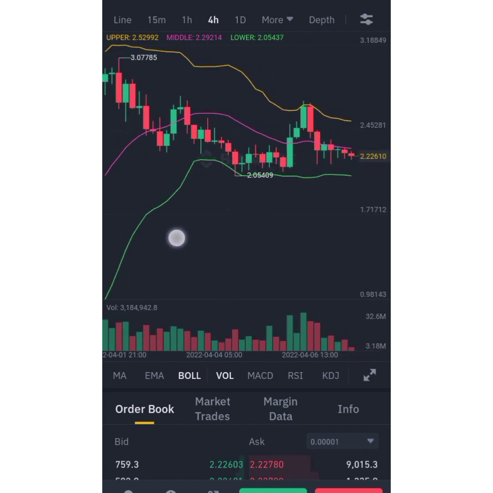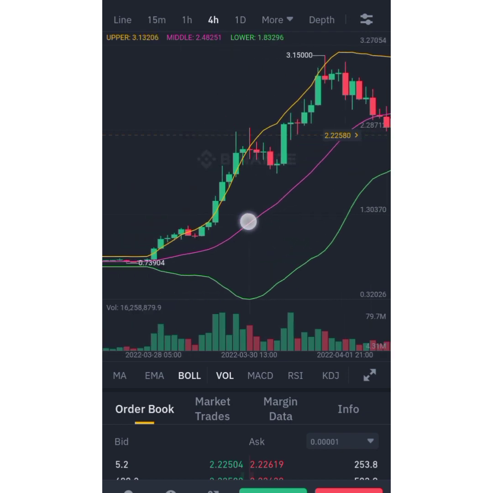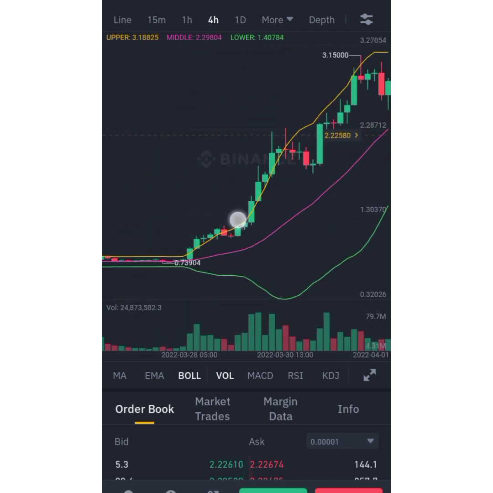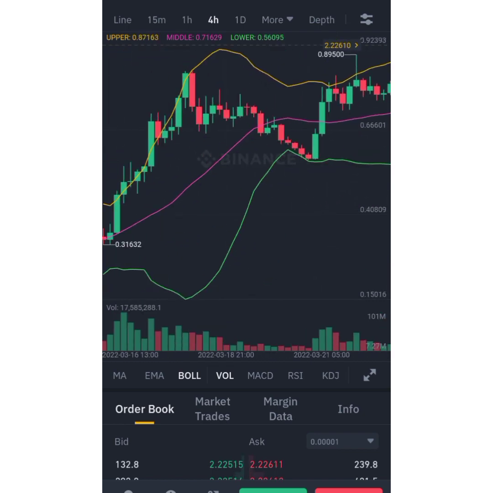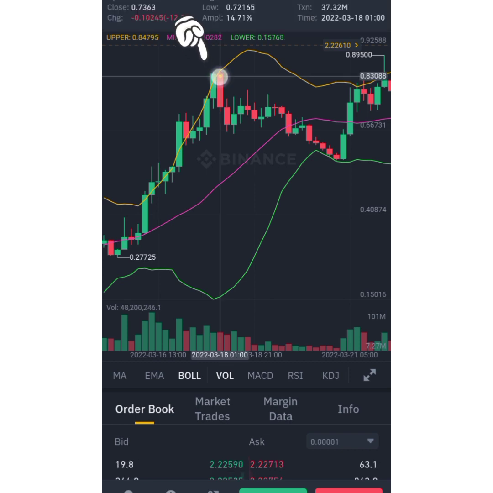Okay, this is a current pair going on right now, so you can see here. Now let me explain what I'm saying. You see at this spot here, let me look for a perfect example and show you. Good.